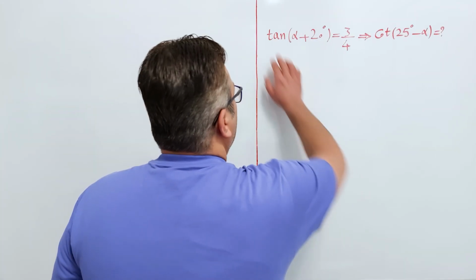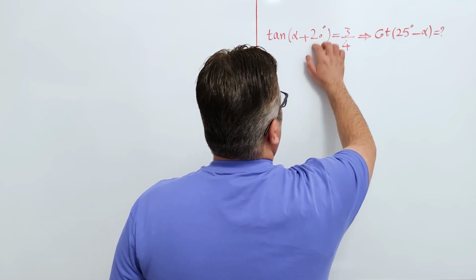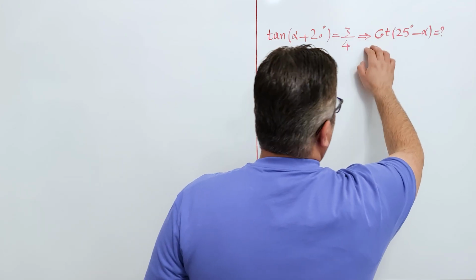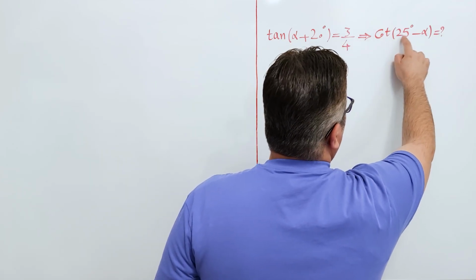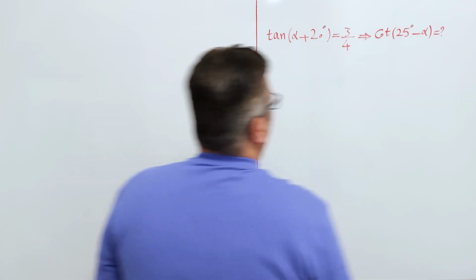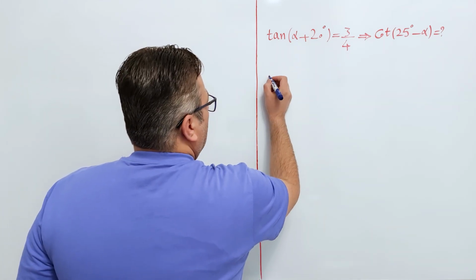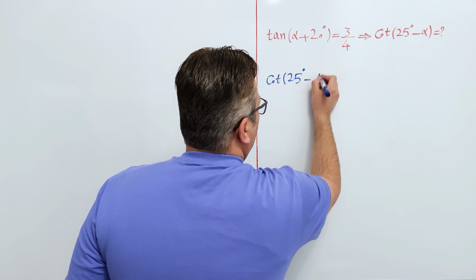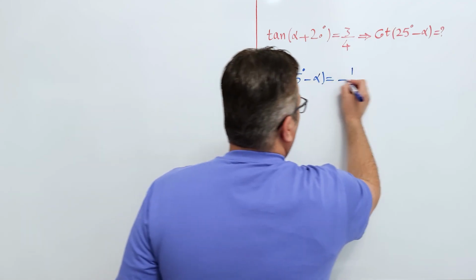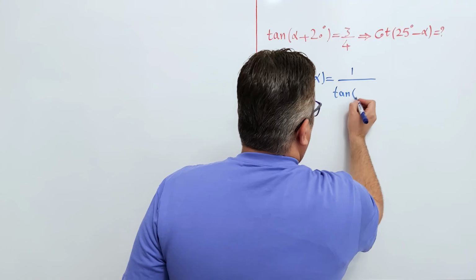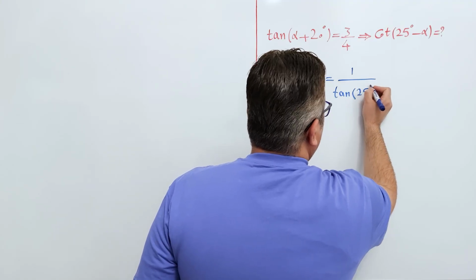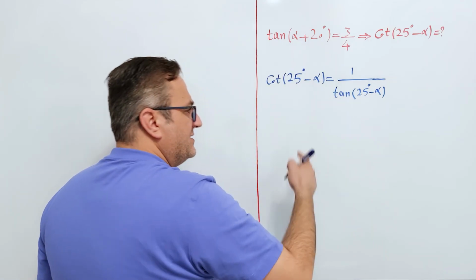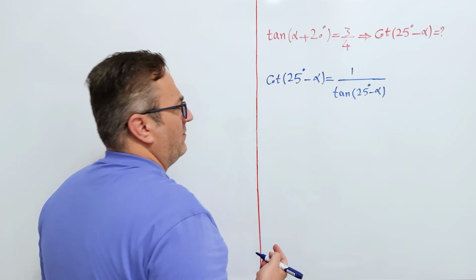Number 2. If tangent of alpha plus 20 degrees is equal to 3 over 4, what is the value of cotangent of 25 degrees minus alpha? We know that cotangent of 25 degrees minus alpha is equal to 1 over tangent of 25 degrees minus alpha, because tangent of alpha is the reciprocal of cotangent of alpha.